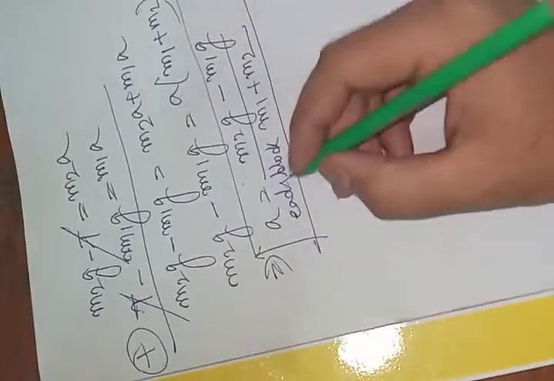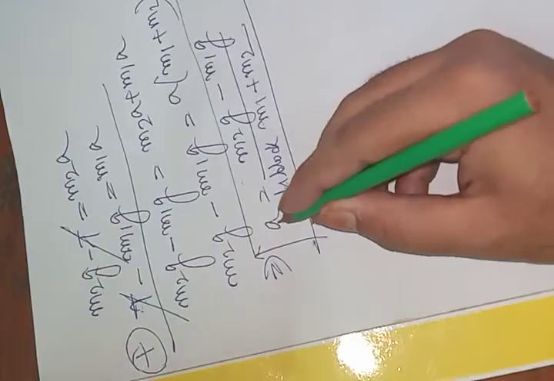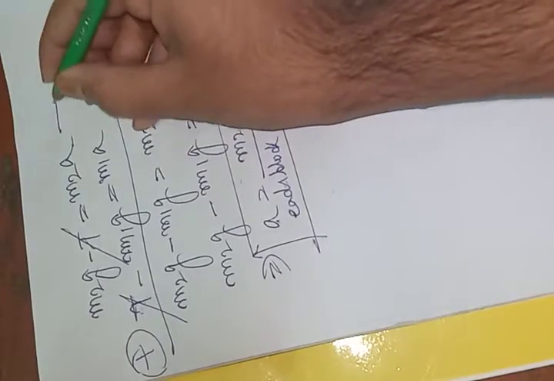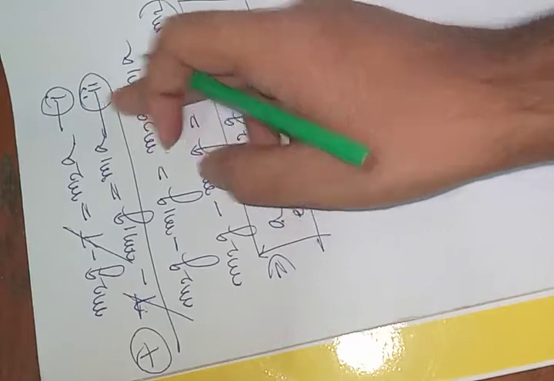Number two, we need to find the tension force. Let's say this is equation 1 and this is equation 2. If you put the value of a in equation 1, you can also do it in equation 2 as well.